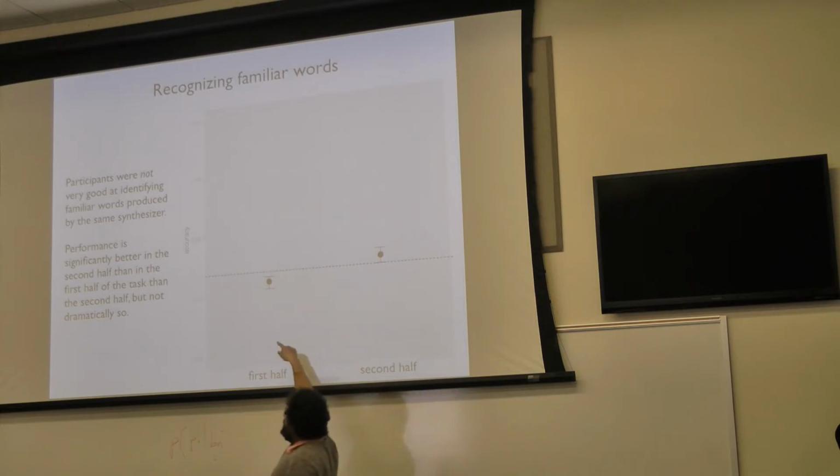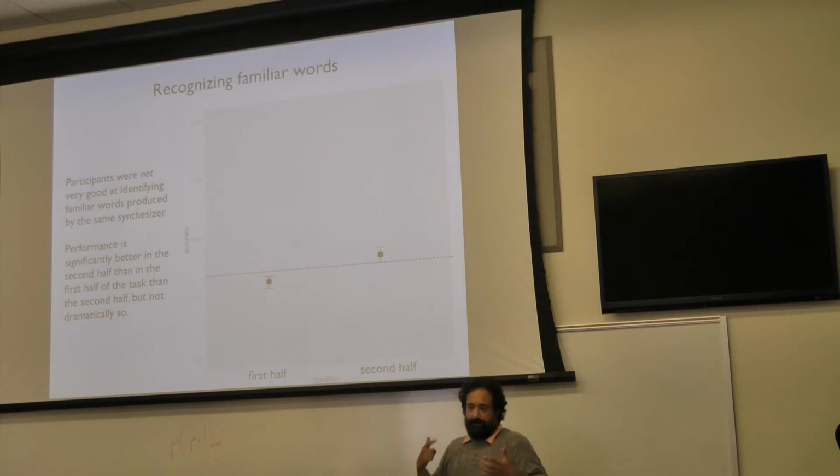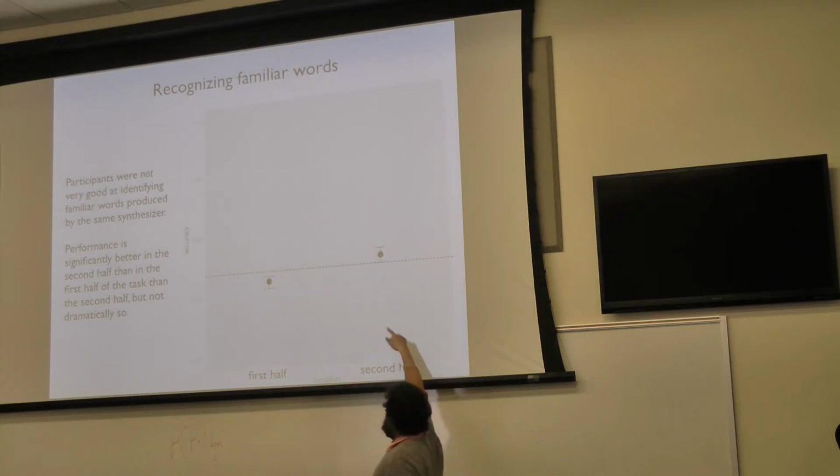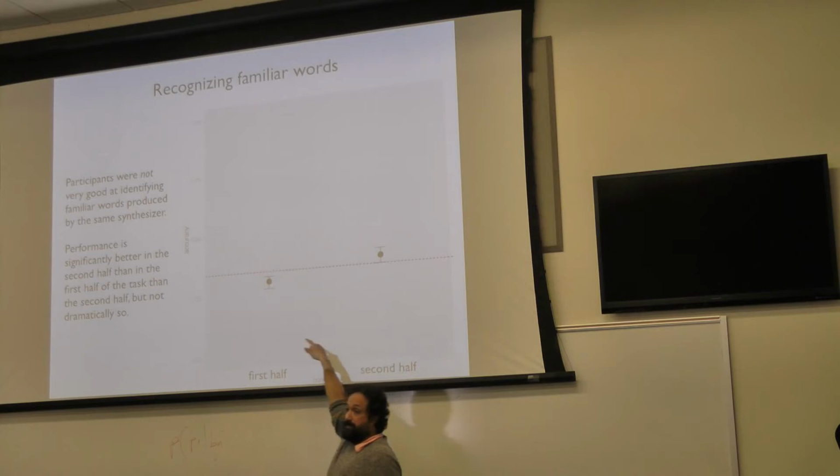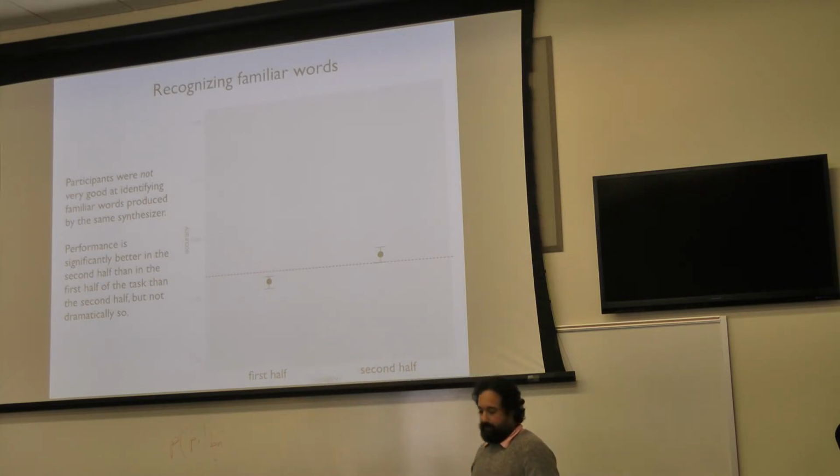And not only is accuracy quite poor, but further evidence that they're still absorbing information about how the synthesizer is structured: in the second half of the experiment, performance is much, much better. So these are confidence intervals. So there's a very large and significant difference in accuracy between the first and second half of the transcription experiment. Okay.